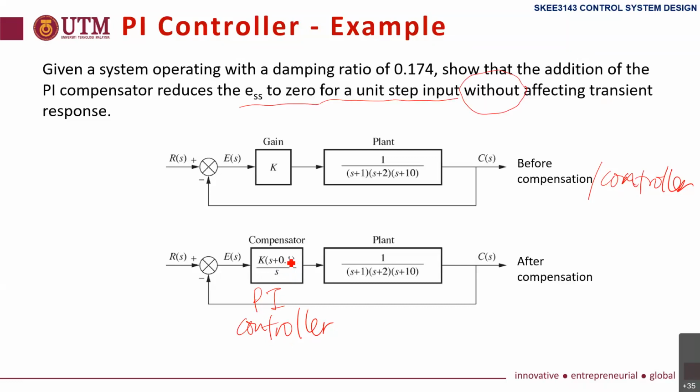As I mentioned, there is no formula to calculate a, it is just a small value. In this case, it was chosen as 0.1. So now this is the one before controller. This is the one after we apply a controller.